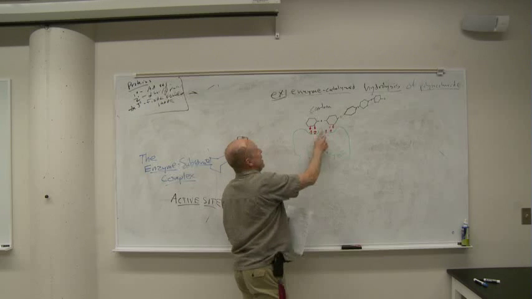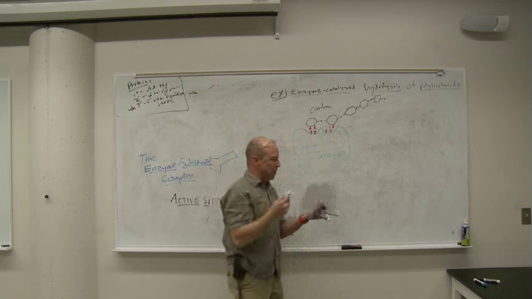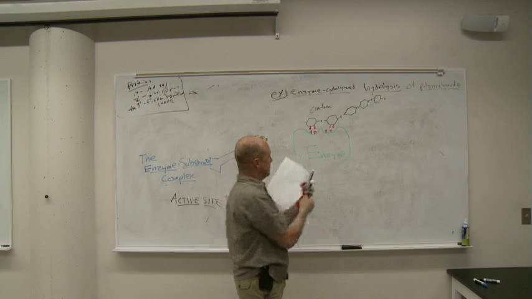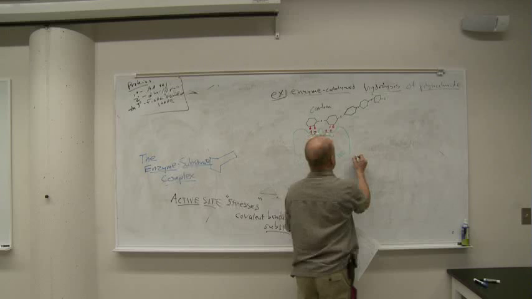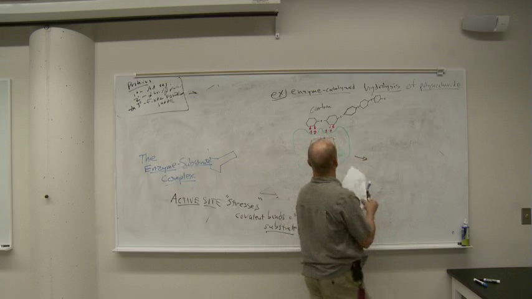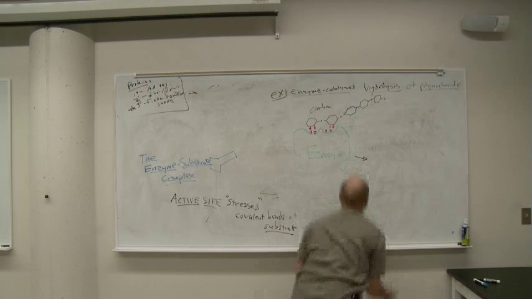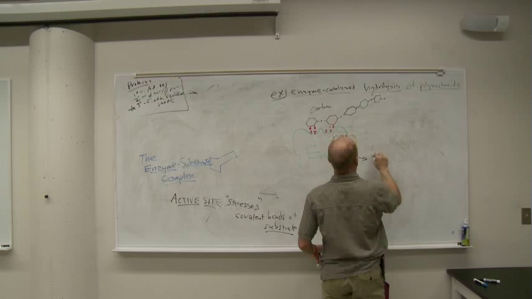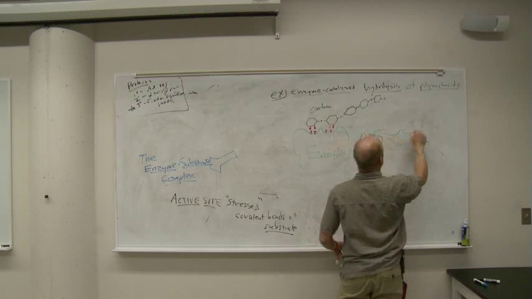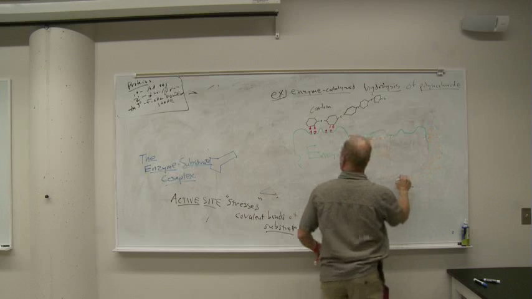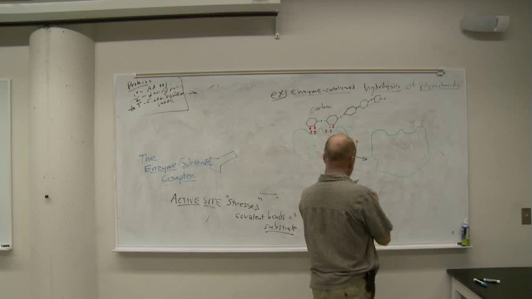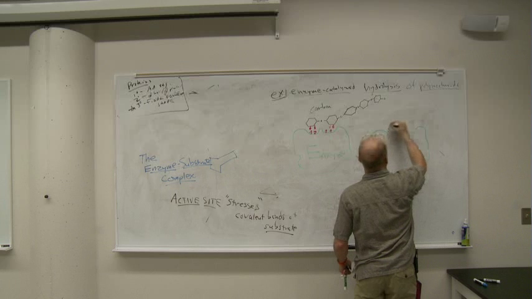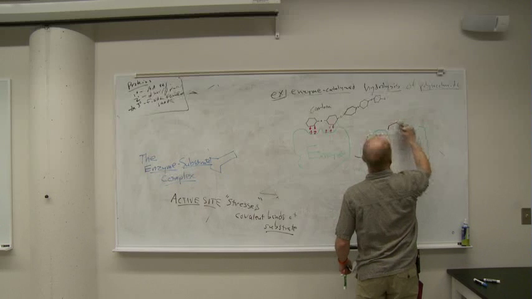This active site has a big fat honking ridge in the middle. And when this thing forms an enzyme substrate complex, it's going to look like this. Excuse me, I'm not drawing the enzyme like I did before. So there's our enzyme before. Now this whole thing is sucked down into the pocket, and it looks like this.